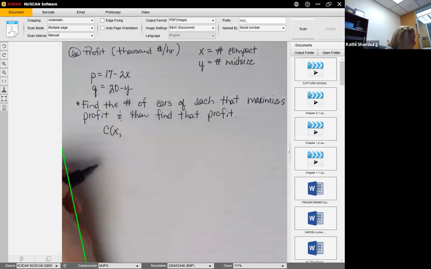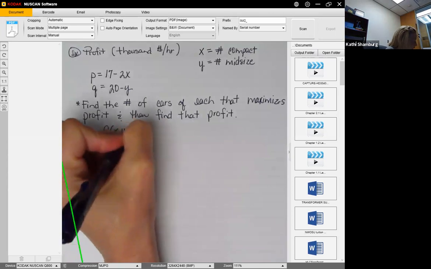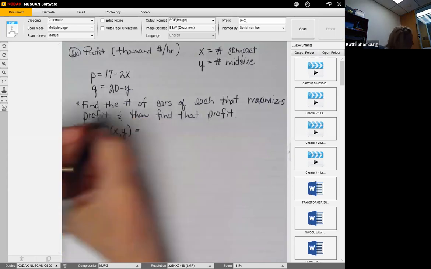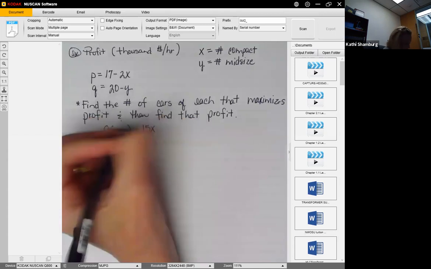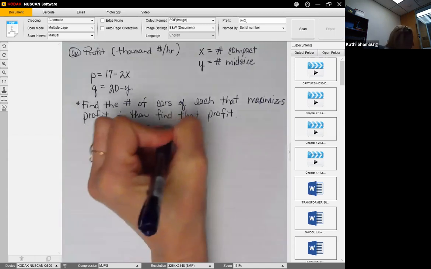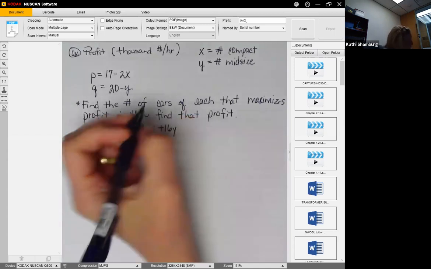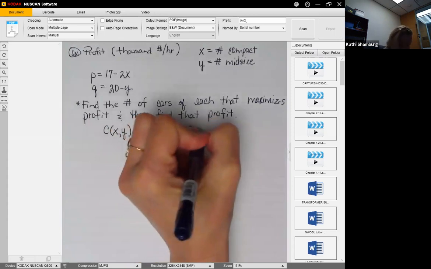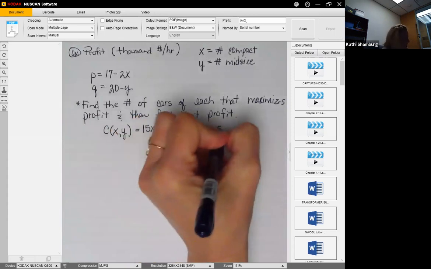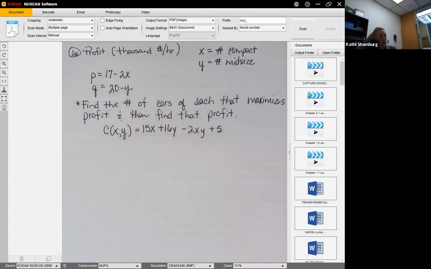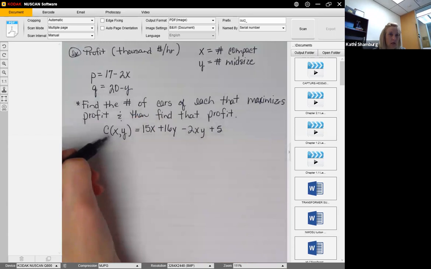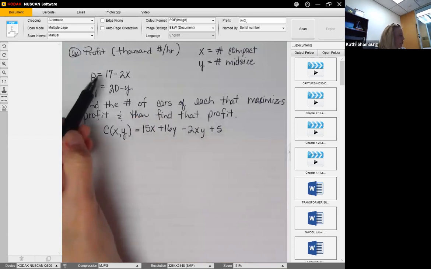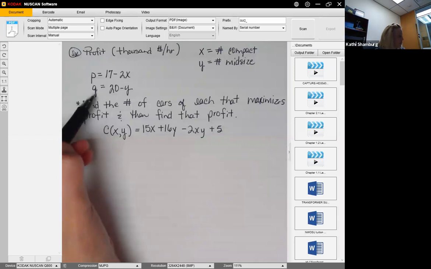So the cost function is given as 15x plus 16y minus 2xy plus 5. Okay, so you're given the cost function and the price function for the compact cars and the price function for the midsize.